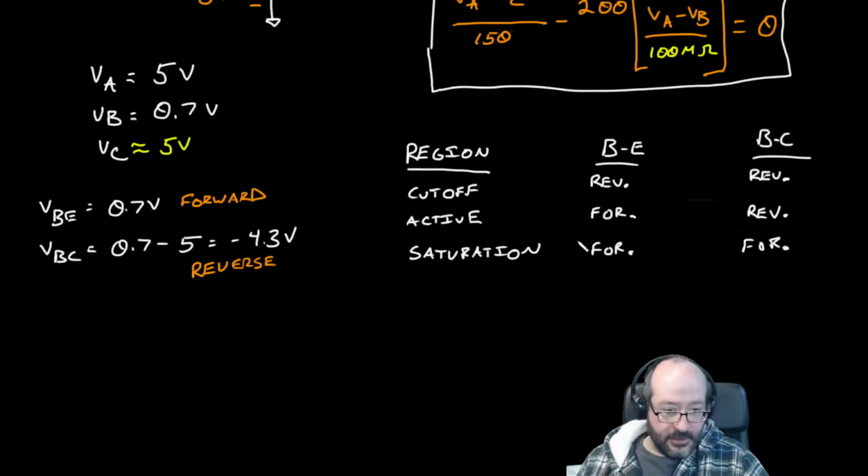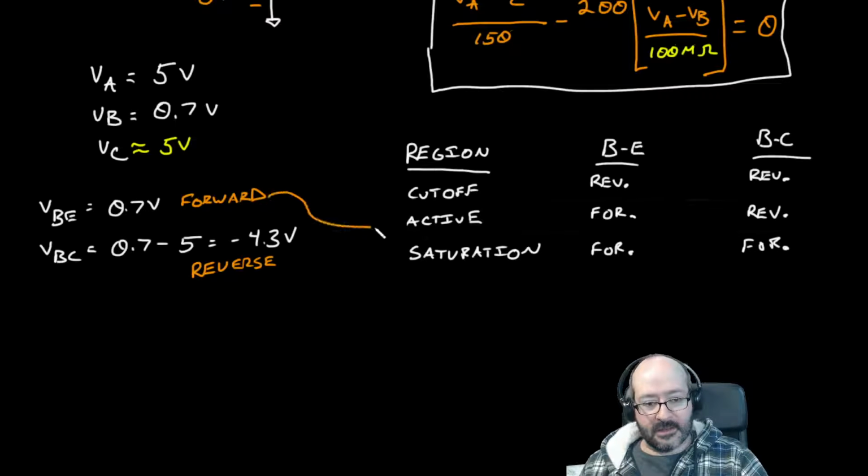So we come over here and we say, okay, BE is forward and BC is reversed. We might think that's active. But the problem is we're checking our assumption based on our assumption.